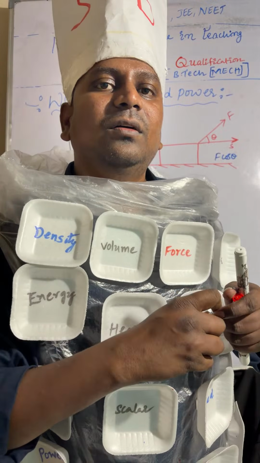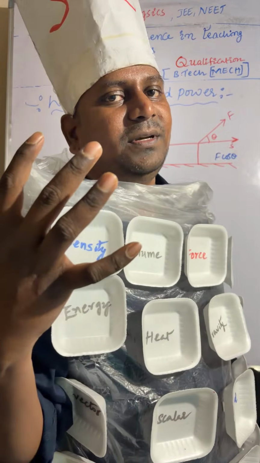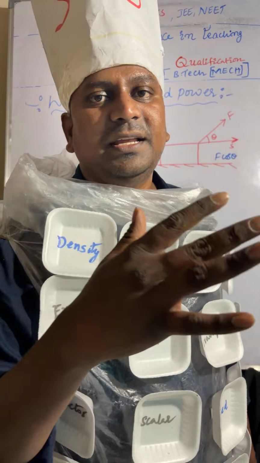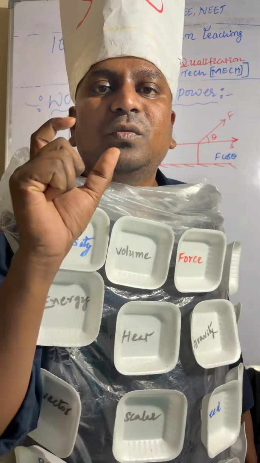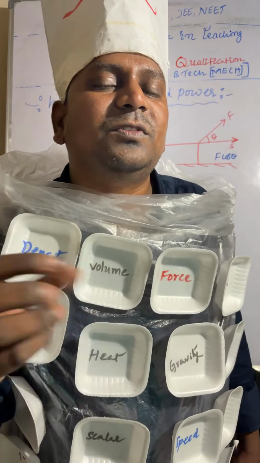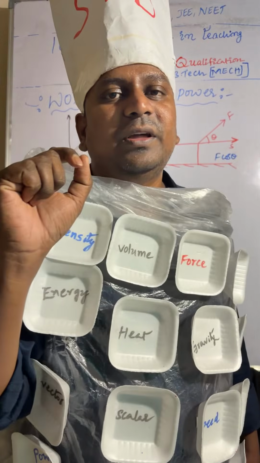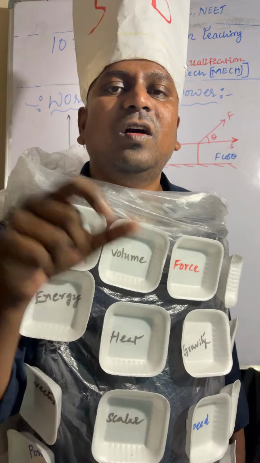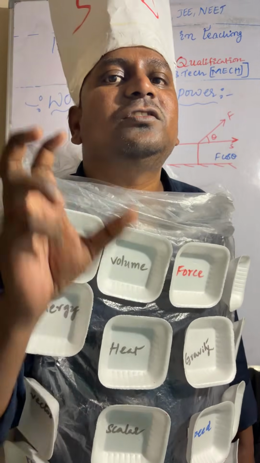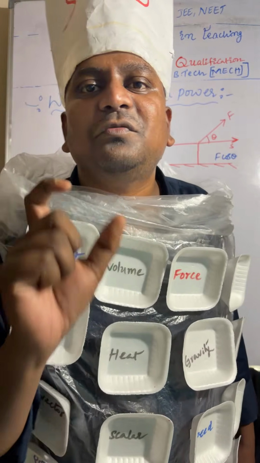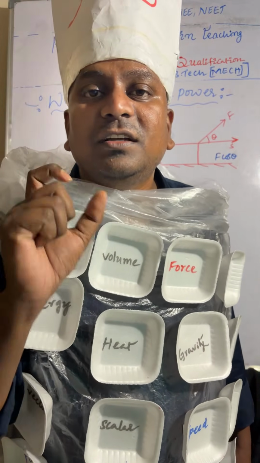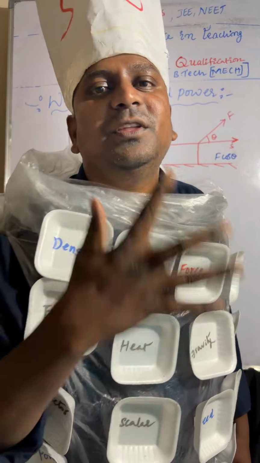It will move along the force applied direction only. Which component of force is responsible for the movement of the body? Along the horizontal direction, the force component acting is F cos theta. F cos theta is responsible for the movement of the body.